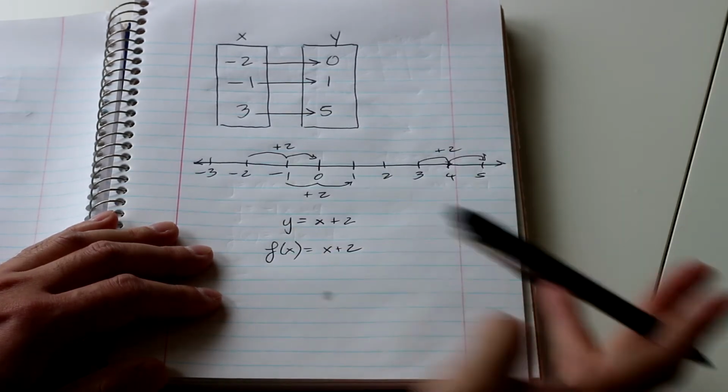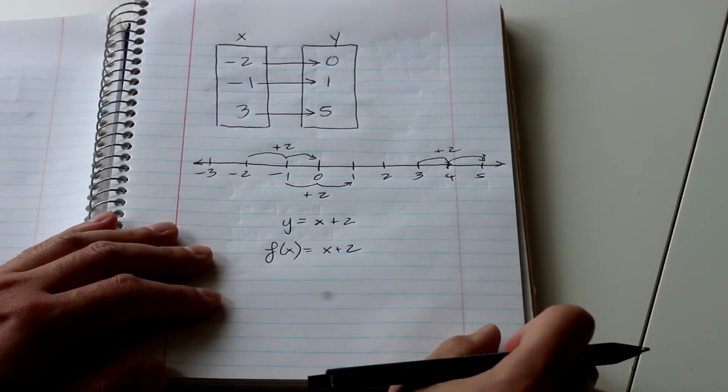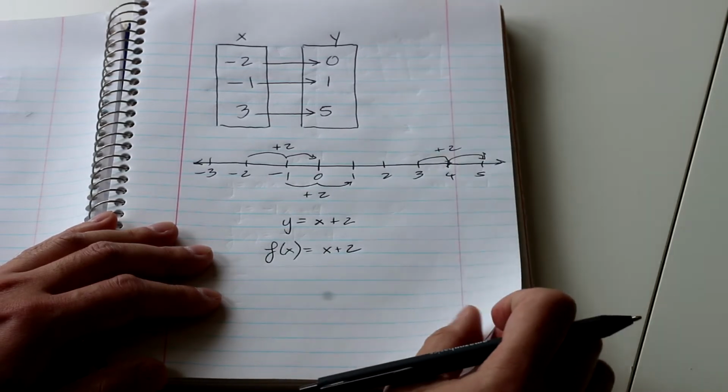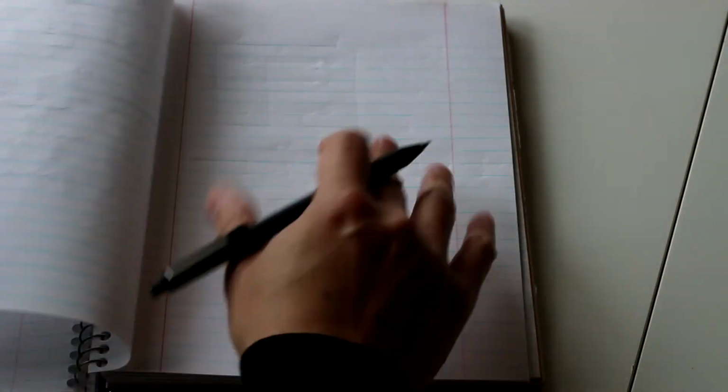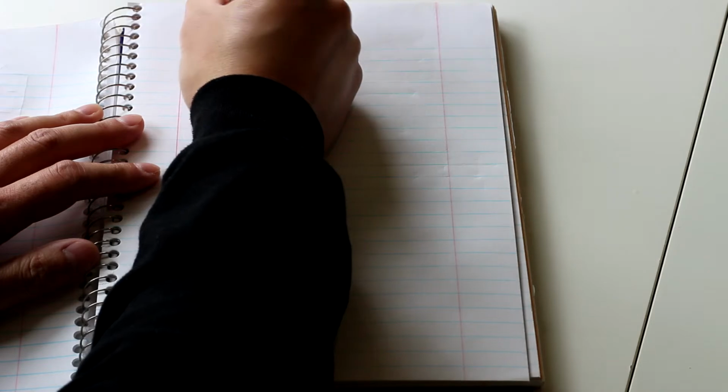All right, so we've done tables, graphs, mapping diagrams, and we've talked about domain and range. Now, let's talk about independent variable and dependent variable.